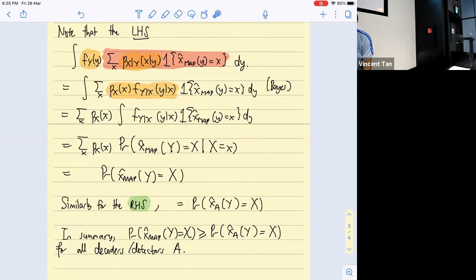It is the estimated value of X given Y using the map rule, i.e., X hat of Y is equal to argmax over X of P of X given Y. So it is exactly this rule, not any other rule.